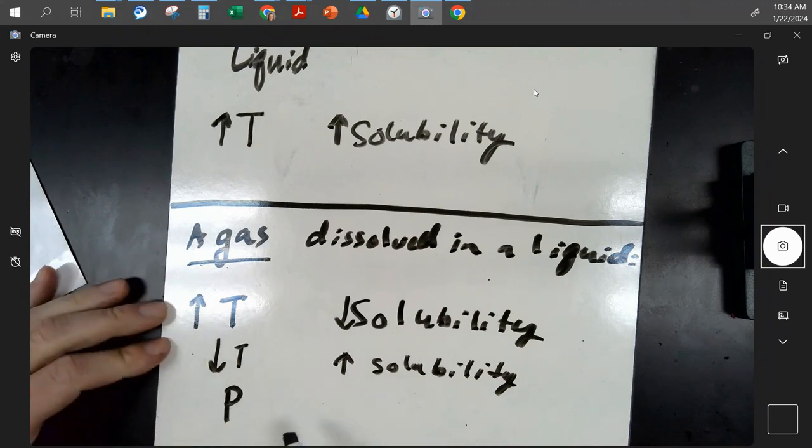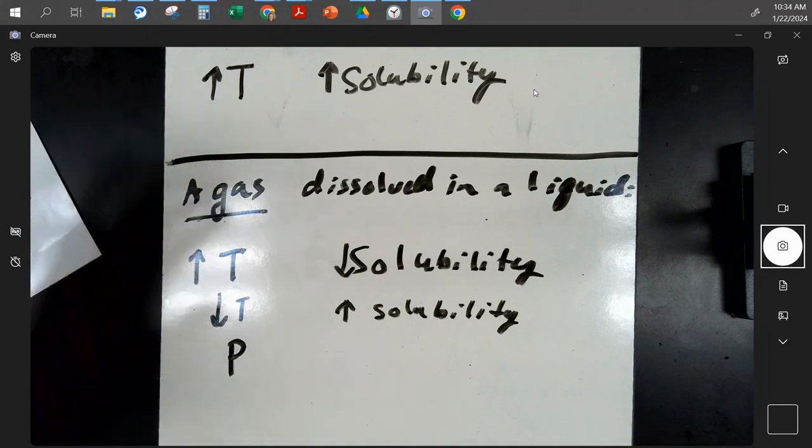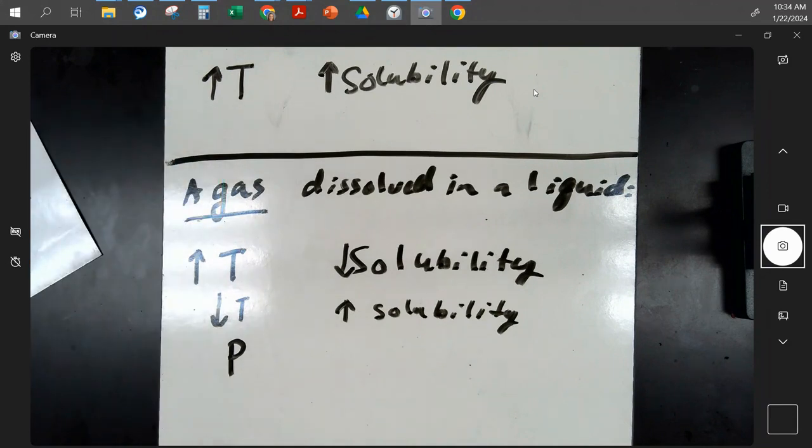Okay. Pressure also affects the solubility of gases. So think about a pop can. What happens when you open a pop can or a bottle of pop? It releases the gas. Yes. Cool. So to put the gas in the bottle, they have to pressurize the bottle.